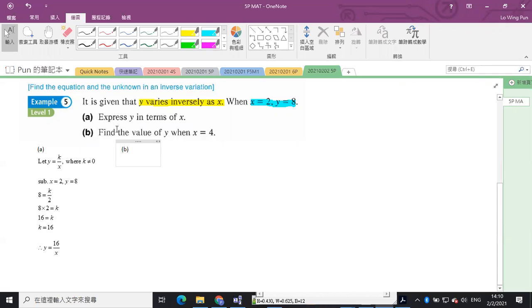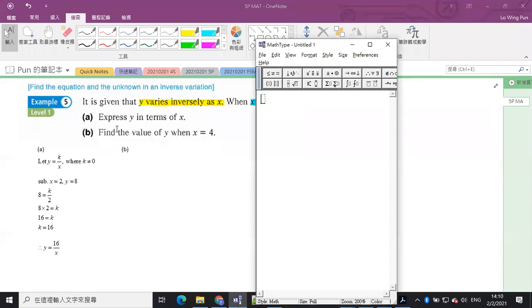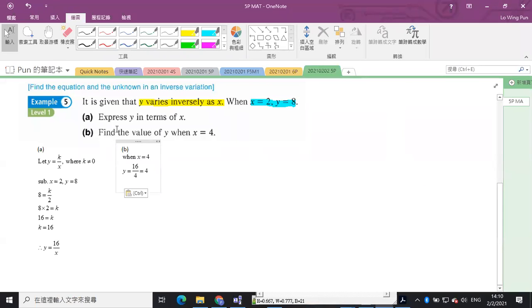In part B, find the value of y when x is equal to 4. So when x is equal to 4, you just substitute into your equation. y is equal to 16 divided by 4, and you just do the calculation, and it is equal to 4. That's the answer. Can you get this?